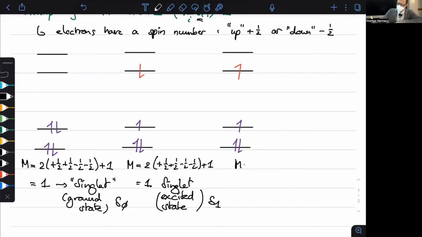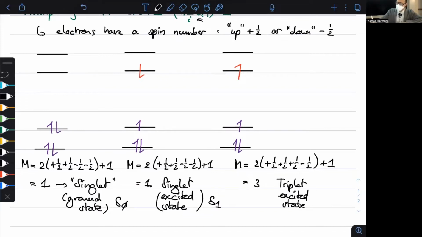Now, the third one is different. If we do the little equation, there are 3 spins up and 1 down. So we have plus half, plus half, plus half, minus half, plus 1, which is 3. So you call this a triplet excited state.